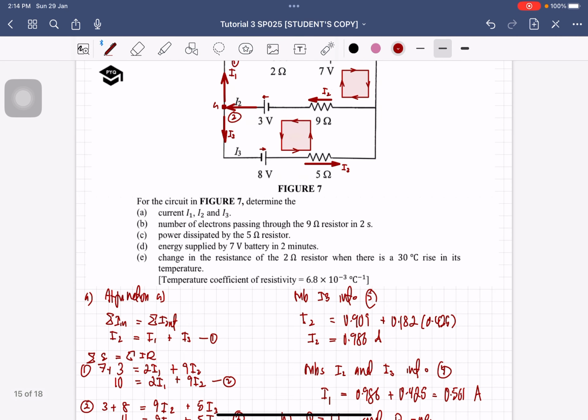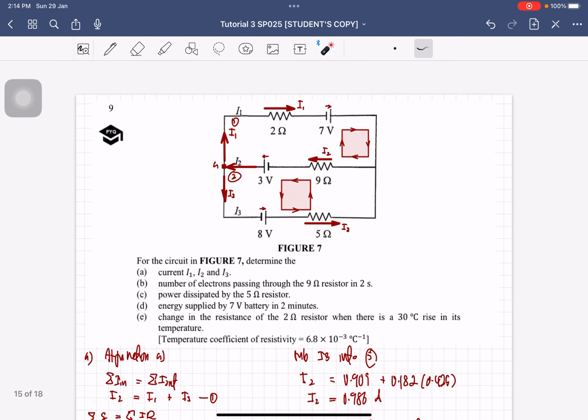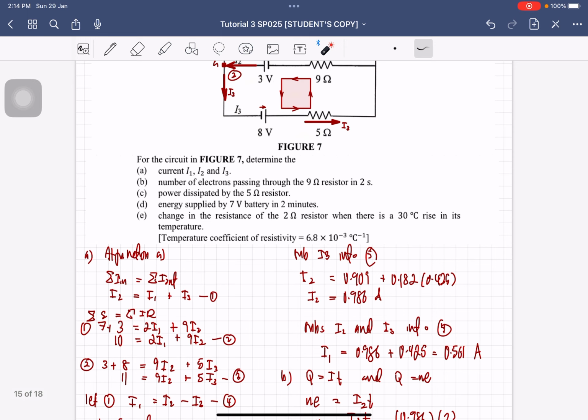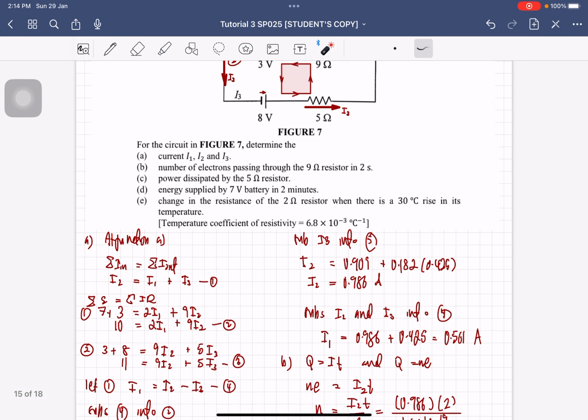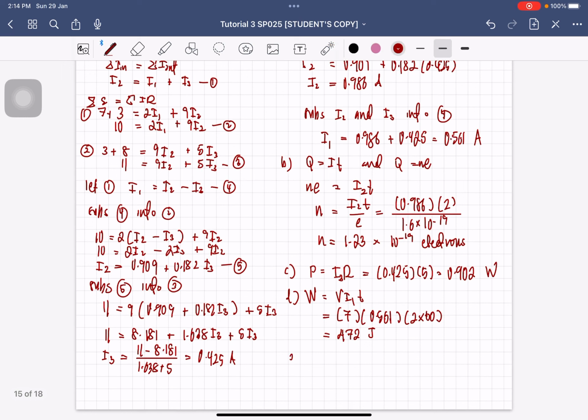And then we have to calculate the change in the resistance of the 2 ohm resistor when there is a 30-degree rise in its temperature. Okay, so that one, dia minta apa? Change in the resistance. So it is asking about delta R lah. So delta R is basically R minus R naught kan.